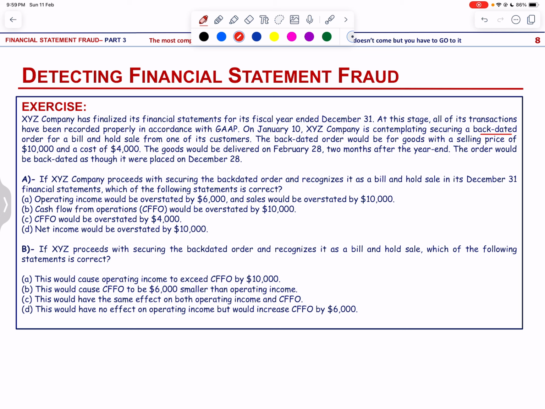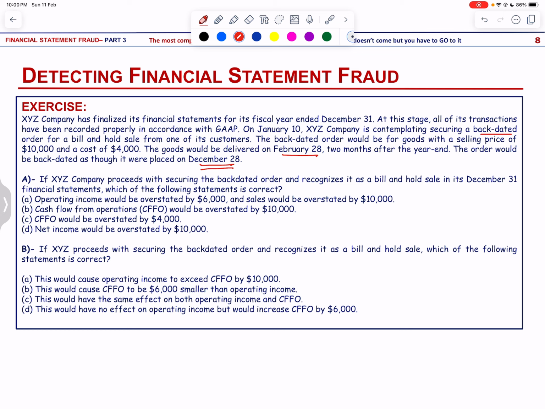The backdated order would be for goods with a selling price of 10,000 and a cost of 4,000. The goods would be delivered on February 28, 2 months after the year end. The order would be backdated as though it were placed on December 28.